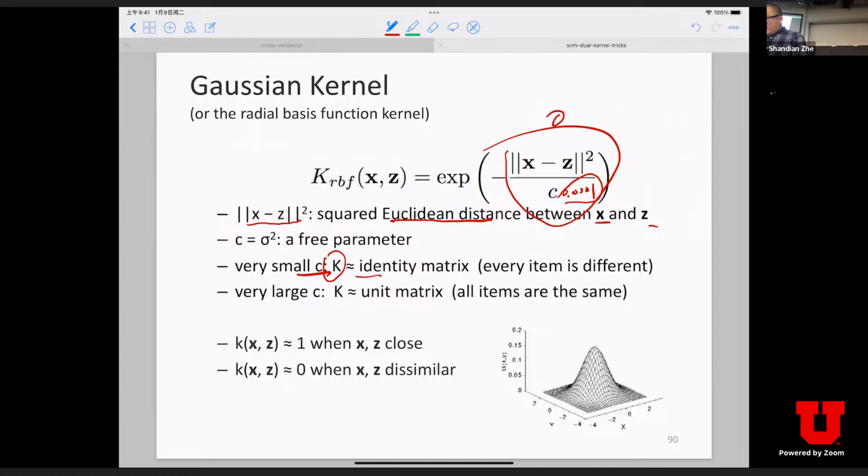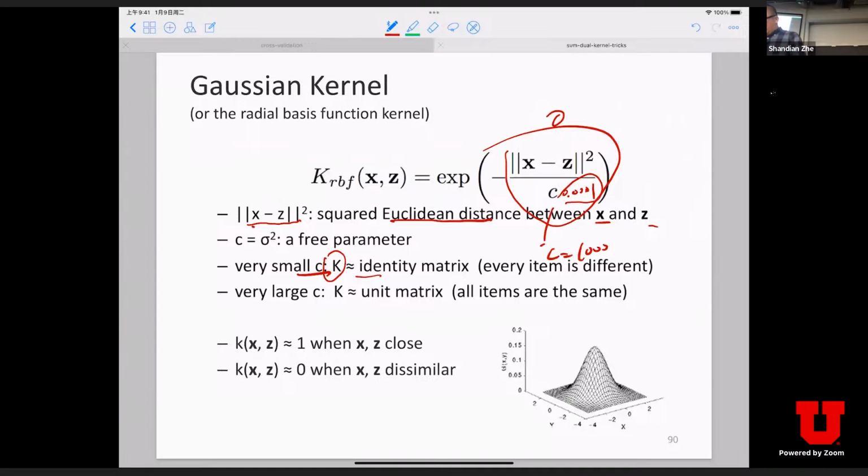However, if you take a very large c, like c equals 1000, you can imagine that no matter how far away x is from z, their distance is relatively large, but divided by c it becomes very small. You take the exponential of the negative of a very small value, and it will be approximately 1.